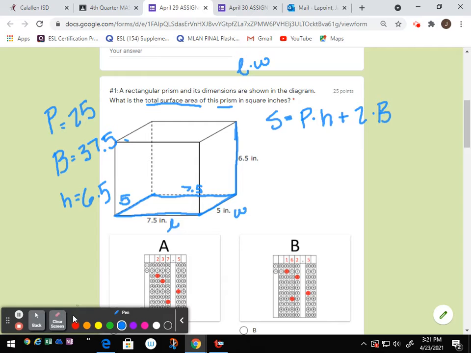All right, so since we have all of our numbers, all we have to do now is plug these numbers into our equation. So we said big P is 25. So we have 25 times our H, which we said is 6.5. Then we drop down the plus sign. We drop down the 2 times our big B, which we said is 37.5.